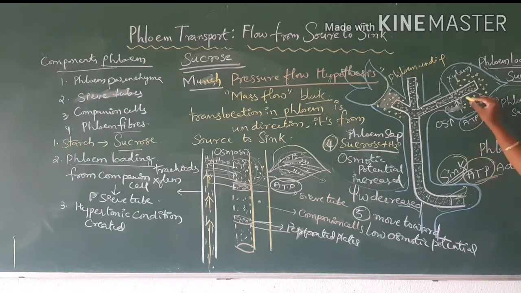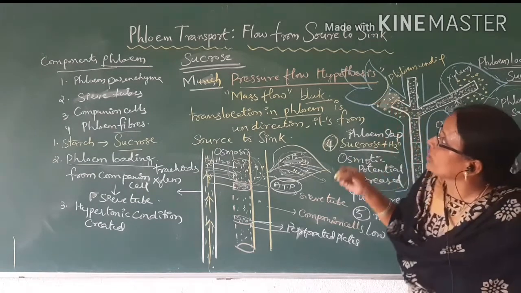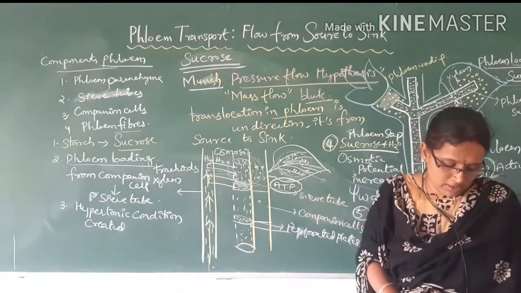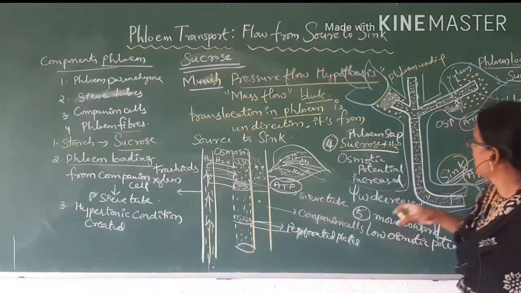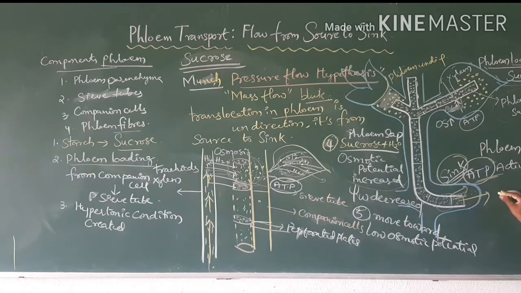So this is about the pressure flow hypothesis of phloem transport. When the food materials are transported, they are used for energy, for the formation of cellulose and for the formation of starch.